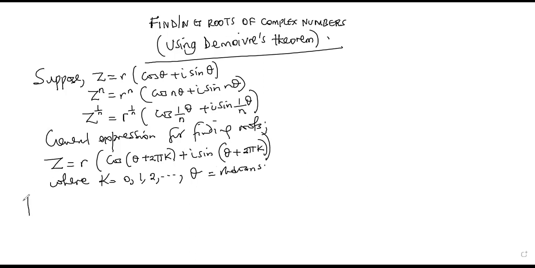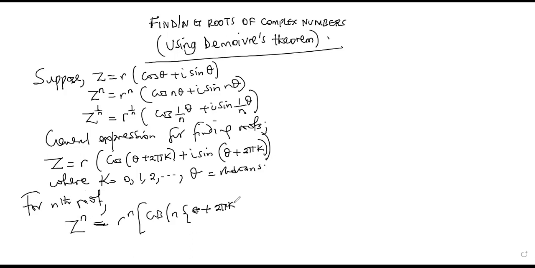Now, for the nth root of a complex number, it would mean that z to the power n would be equal to r to the power n, cos of n theta plus 2 pi k, plus i sine of n theta plus 2 pi k.